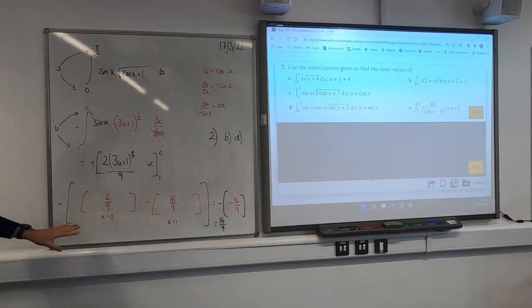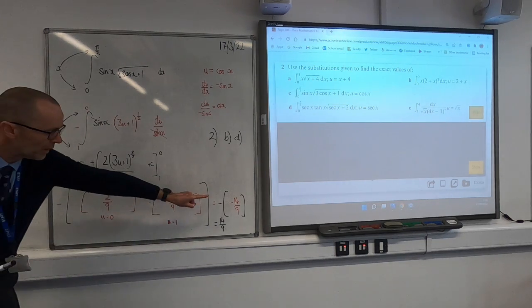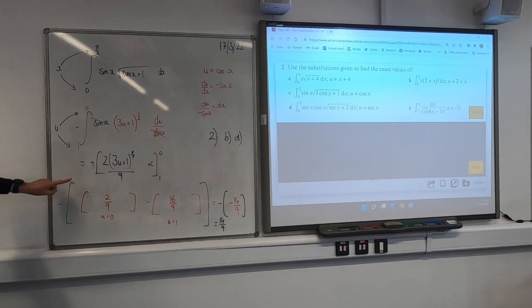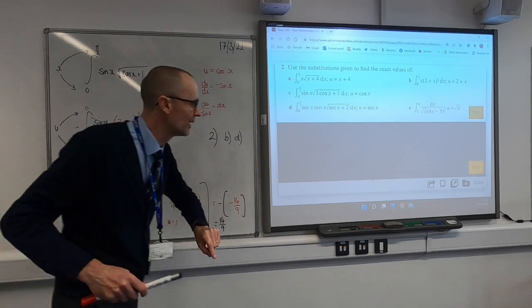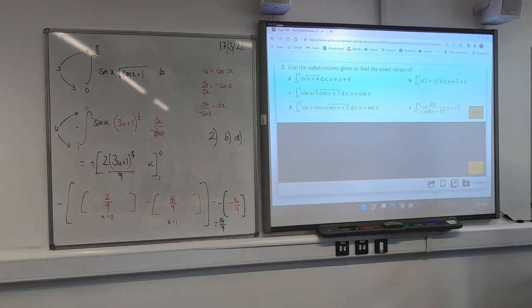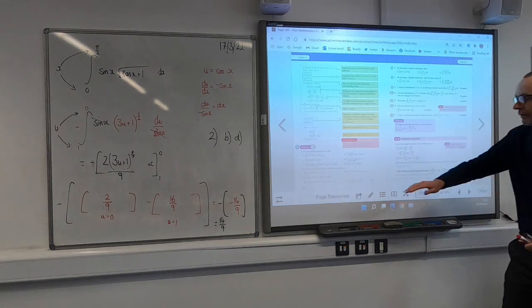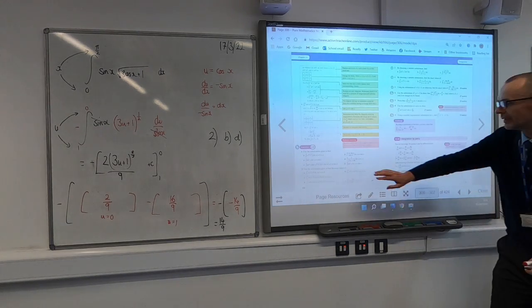So my integration comes out with minus 14 over 9, but I had this minus sign outside, so minus 14 over 9 is 14 over 9, which as I recall is the correct answer.